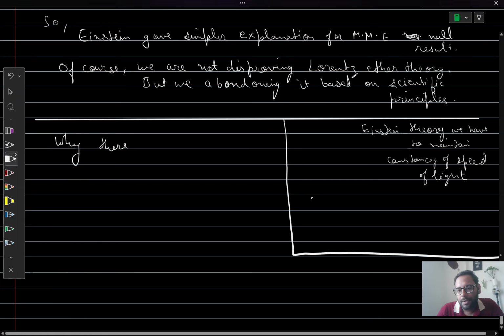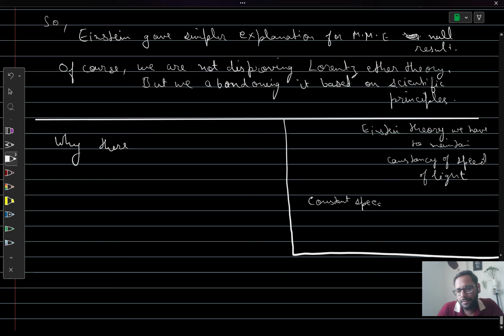Constant speed observation is equal to distance observation divided by time observation, right?